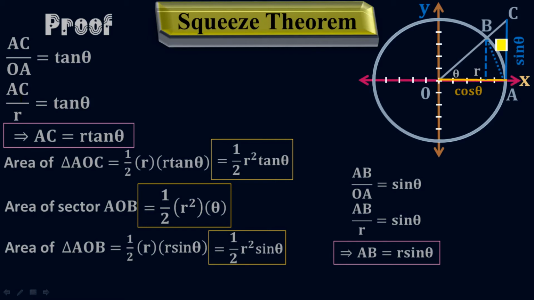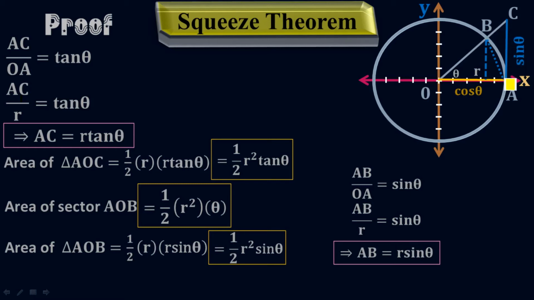It may be equal to triangle AOB, but at the same time, it is less than triangle AOC. Less than triangle AOC, because my triangle AOC is bigger than sector AOB and also triangle AOB. According to the Squeeze Theorem statement, triangle AOB is less than or equal to sector AOB, which is less than or equal to triangle AOC.